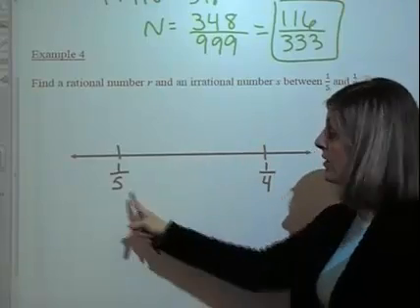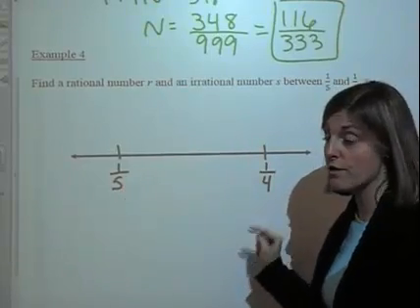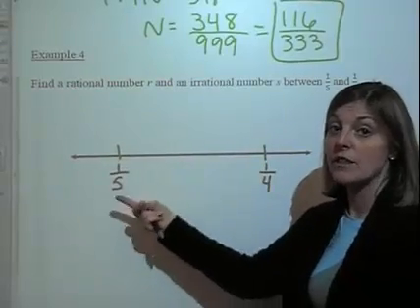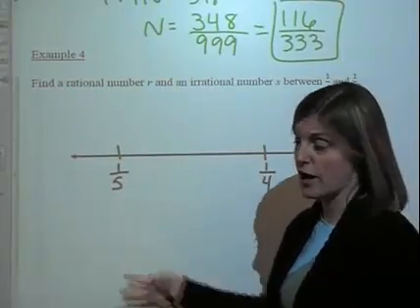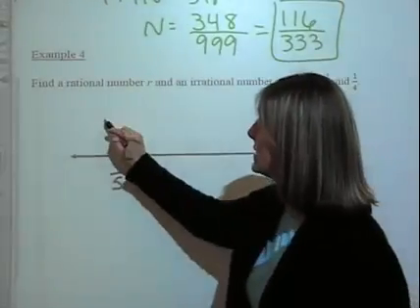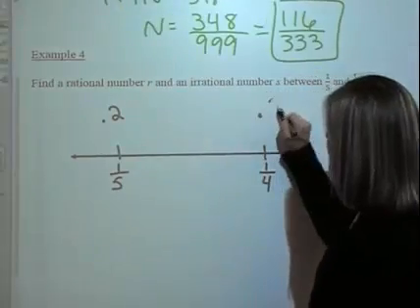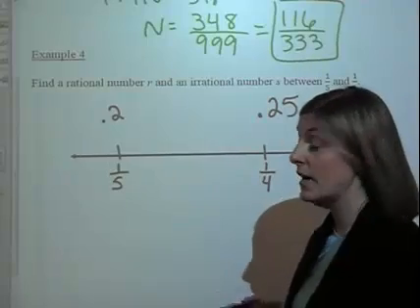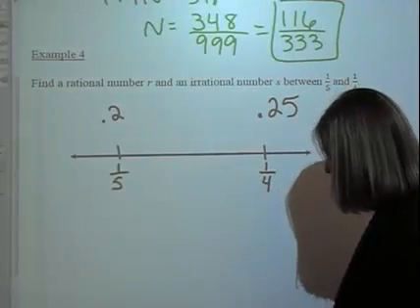Hopefully we remember that 1/5 is smaller than 1/4, because if the numerators are the same, the larger the denominator, the smaller the fraction. Okay? And for those of you who like decimals, you could write this as 0.2 and 0.25.